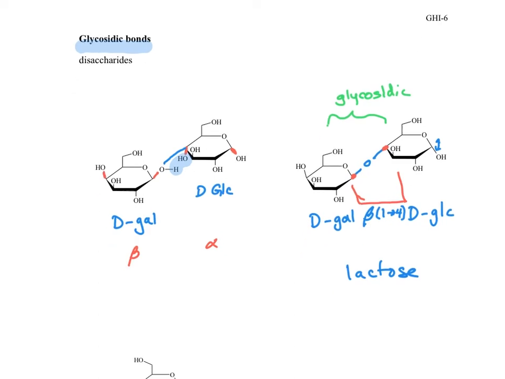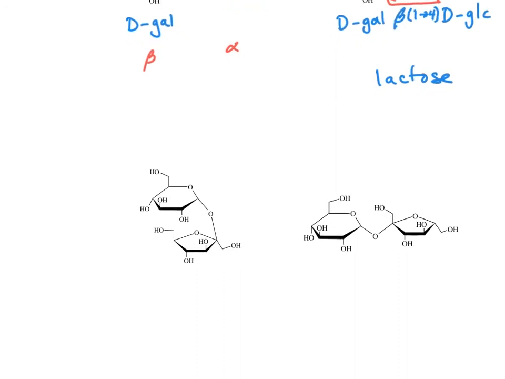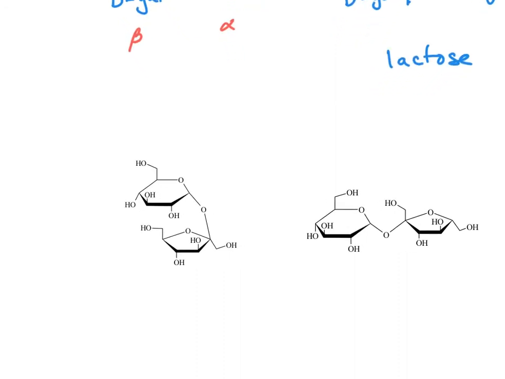Okay, I'd like to give you one that's a little harder. This is also a common sugar from your life. It's called sucrose. That's the kind of sugar you would put in your coffee or make pies out of or something like that. And let's go ahead and do what we did before. First, identify this sugar and this sugar.